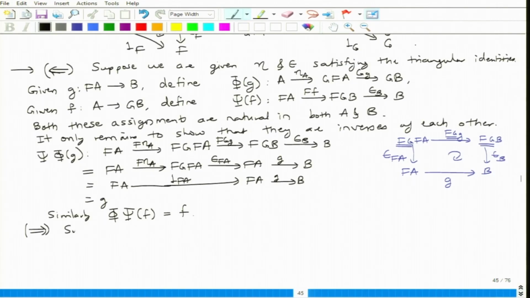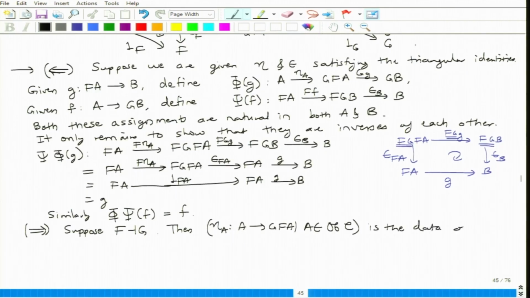Okay, so suppose F is a left adjoint of G. Then eta A from A to GFA, where A is an object of C, is the data of a natural transformation.